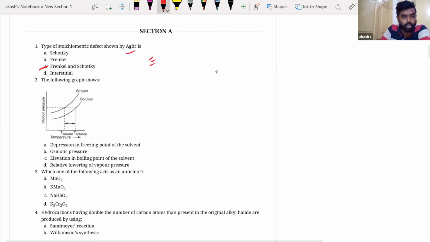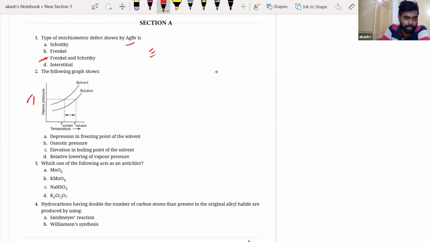The following graph shows what? Now you see there is vapor pressure. Elevation in boiling point. Exactly. Now you see this is the solvent. Solvent means pure. Solvent means only that compound is there. Now when I make a solution, what is happening? This is the boiling point when I have the solvent. This is the boiling point when I have a solution.